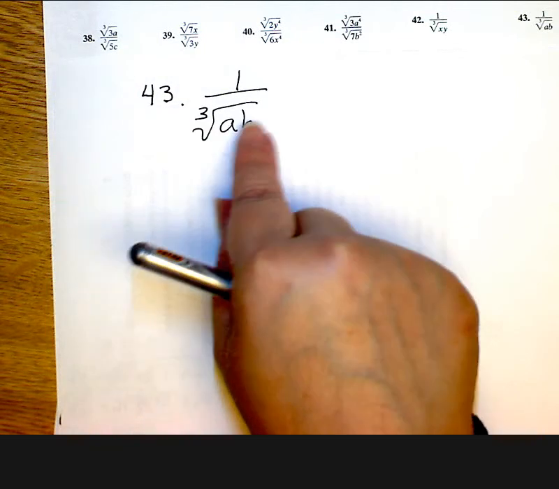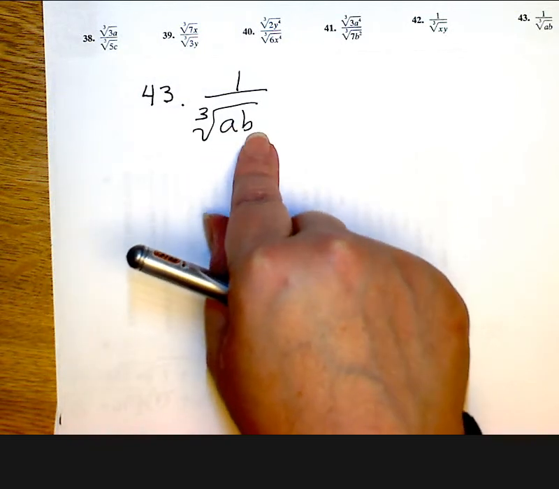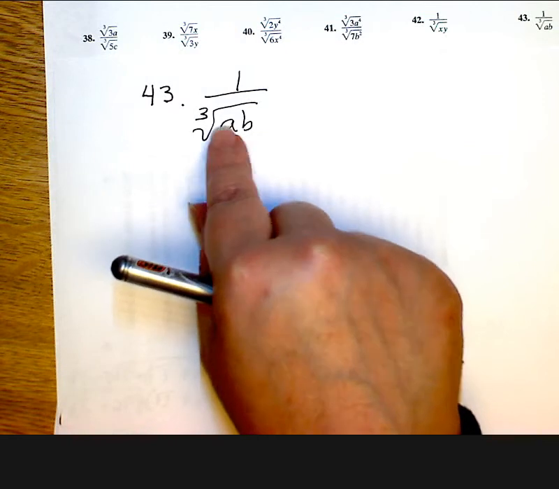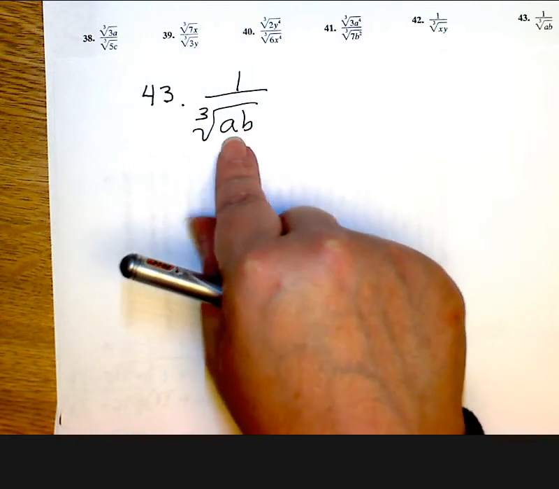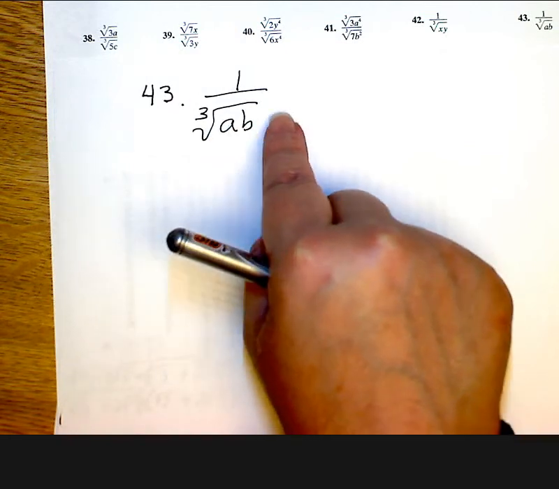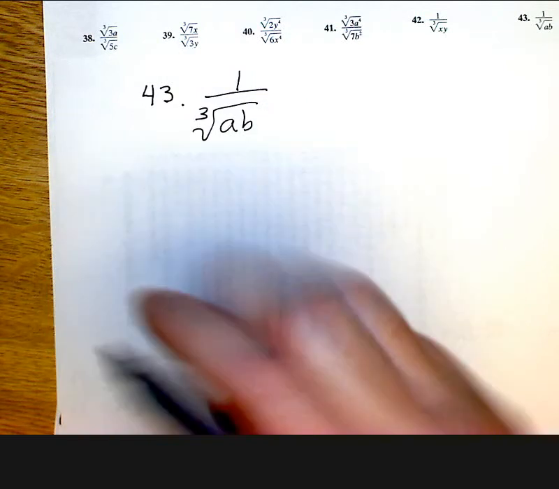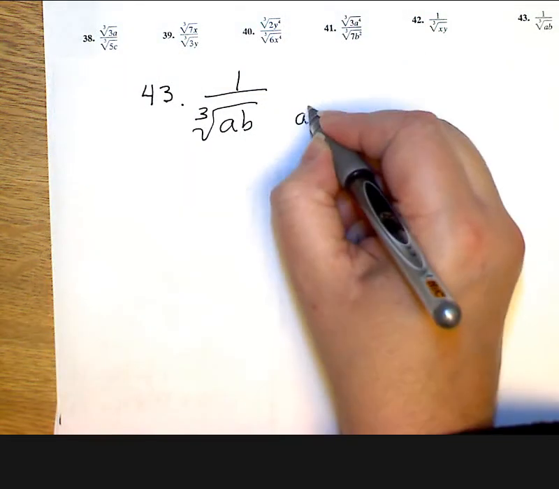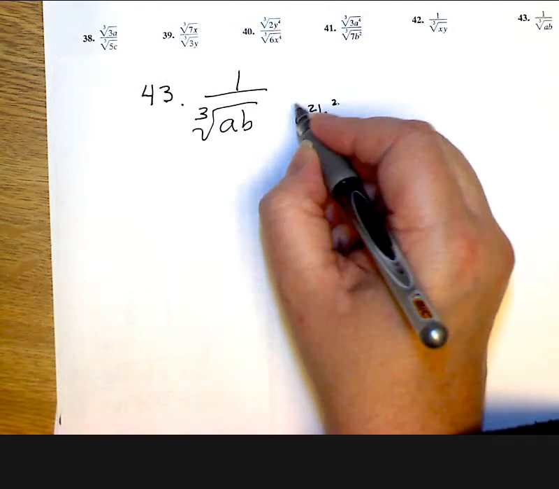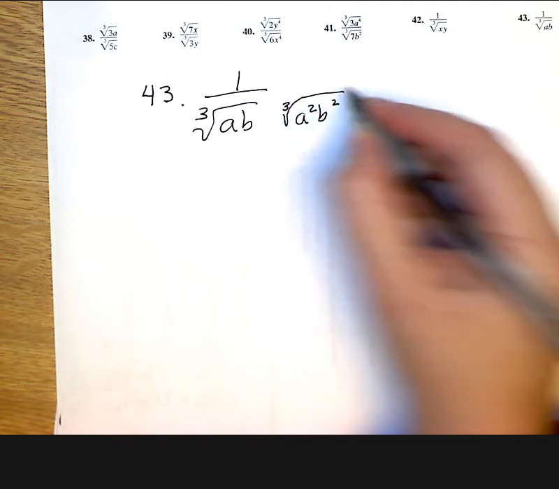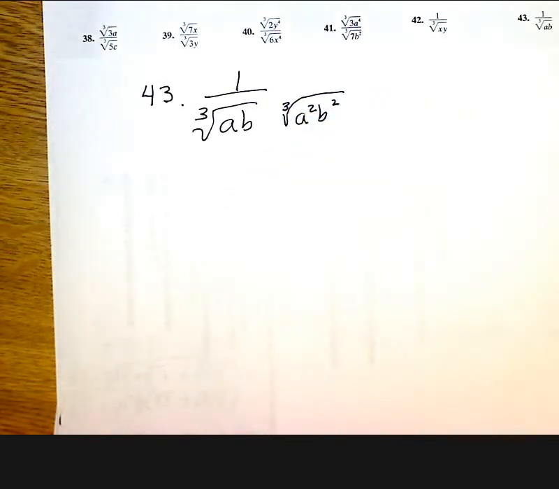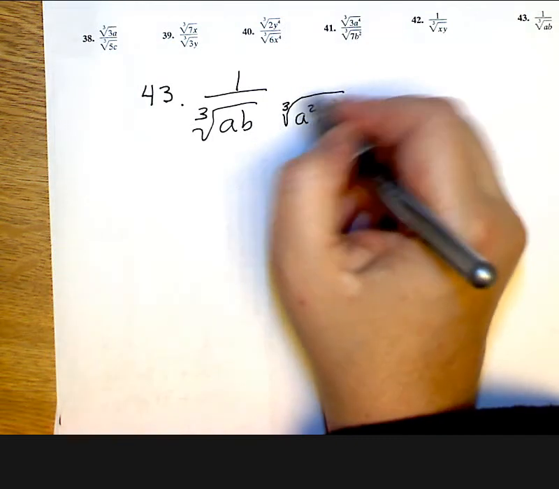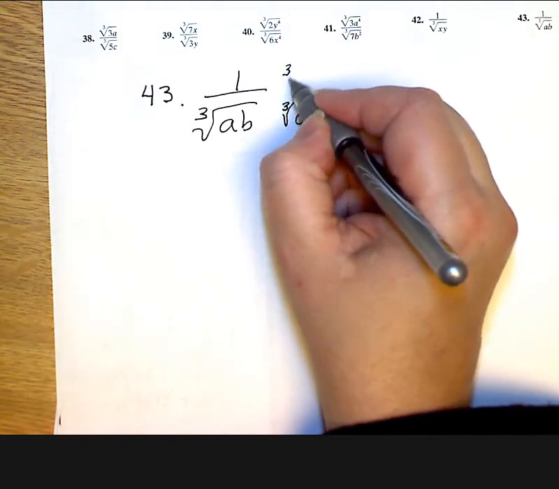So we need a cubed, b cubed on the bottom. So to get a cubed, b cubed on the bottom, what must I multiply this by? A squared, b squared. The only other thing you have to remember is you have to keep that cube root. So whatever you multiply the bottom, you have to multiply the top.